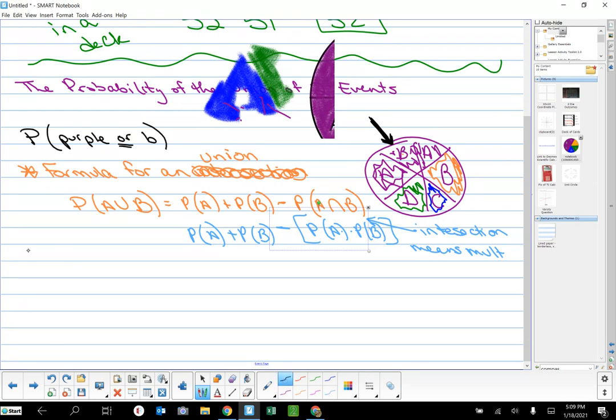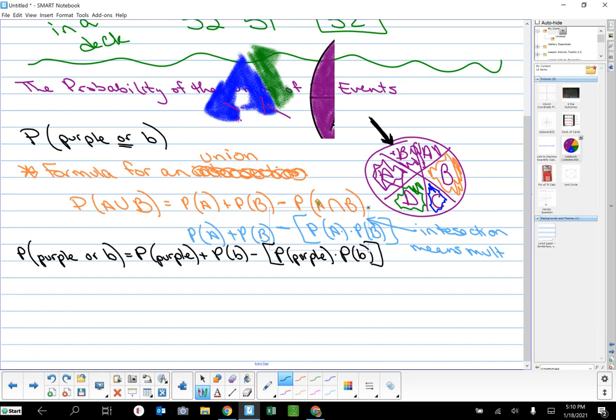So we'll write this all out. So the probability that it's purple or it's a B is going to be the probability of it being purple plus the probability of it being a B minus the probability of it being purple times the probability of it being a B.